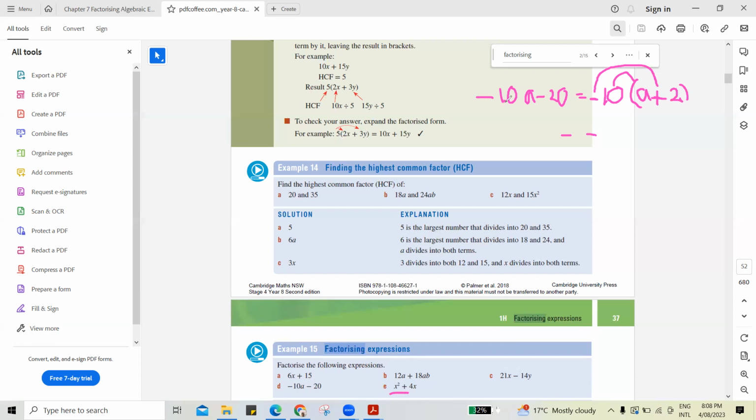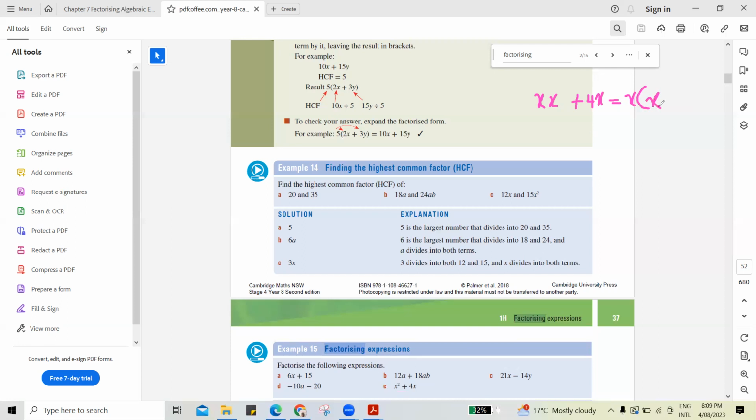How am I supposed to do it with the x? X squared? Then x squared equals x times x. Another one, 4x. What is the common factor? X. Right? If you take one x out, what should be left?